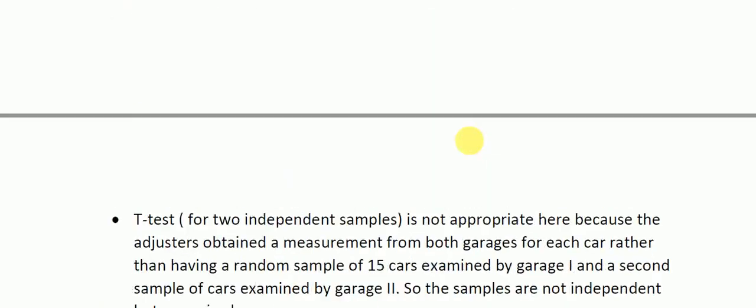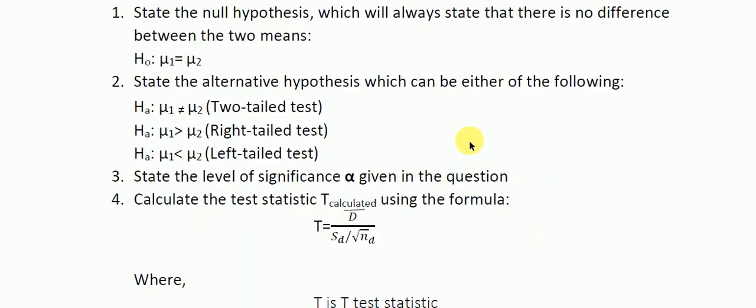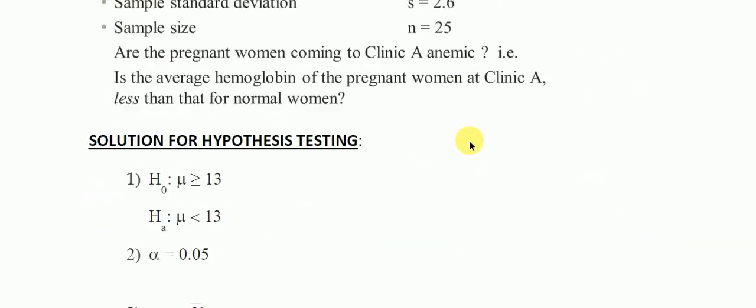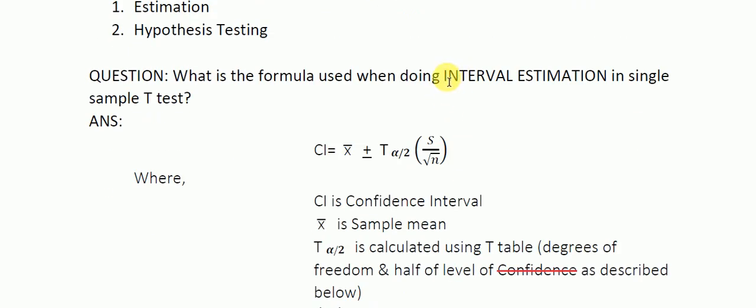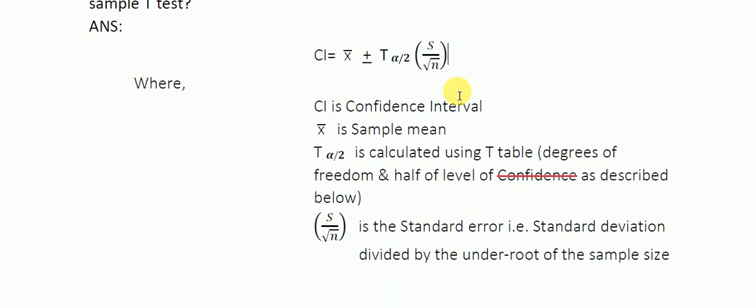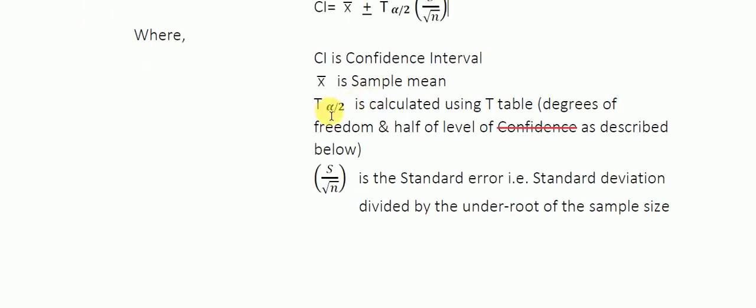Now moving back, this is how we do interval estimation in single sample t-test using this formula. We'll just simply plug in the values, and we'll see in an example later on, inshallah, how we do that. So basically we have to calculate the value of confidence interval.